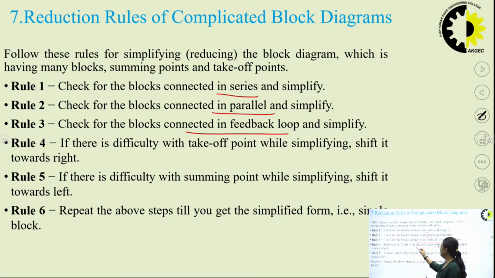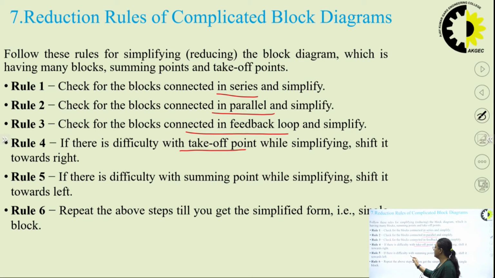And if there is any difficulty with the takeoff point while simplifying it, then shift it towards the right, preferably to the right, or you can also shift it towards the left. And I have told you in the previous slide what to do when we are shifting any takeoff point towards left or towards the right.